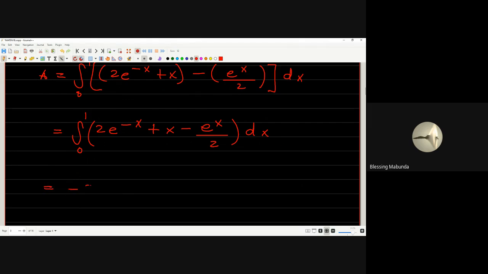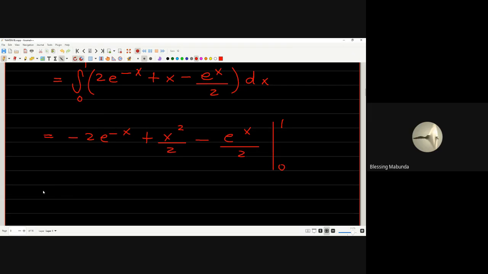This is going to be minus 2e to the minus x plus x squared over 2, minus e to the x divided by 2, and we're evaluating this from 0 to 1. And this is going to be minus 2e to the minus 1 plus 1 squared divided by 2 minus e to the 1 divided by 2. And then we close that up.